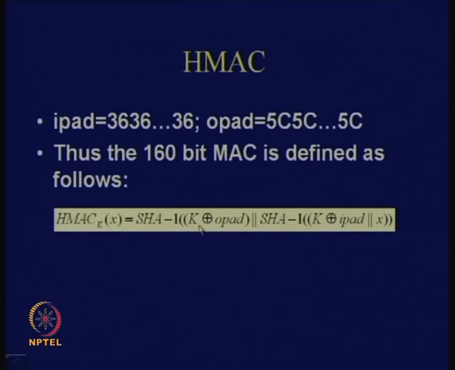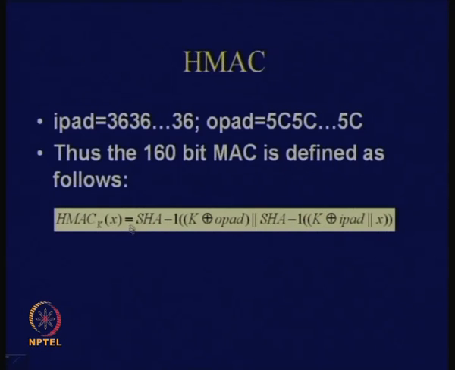But for the outer SHA-1 function, only one application of the compression function is necessary, because the inner output is reduced to 160 bits, and the other part is a 512 bit output. The compression function, if you remember the SHA-1 description, takes 160 plus 512 bits and gives a 160 bit output. So this is a 160 bit message digest for x.